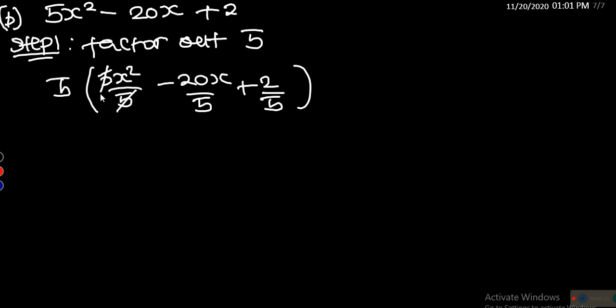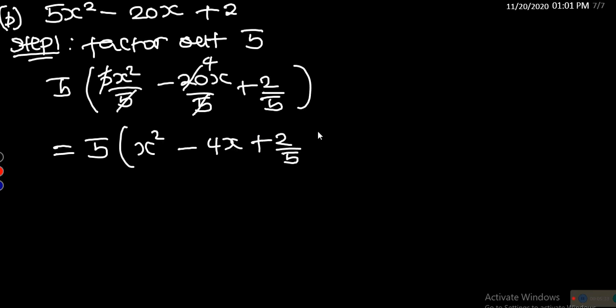So here 5 goes into 20 four times, and then all we have there is x² − 4x + 2/5, and this is the factoring out and dividing through, guys. So we can complete the square of this one. That will take us to step 2.